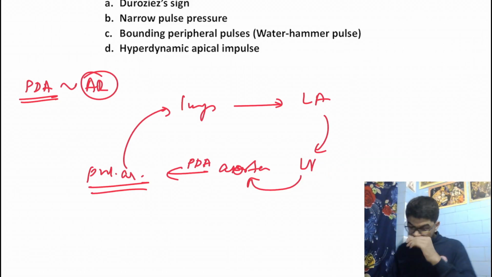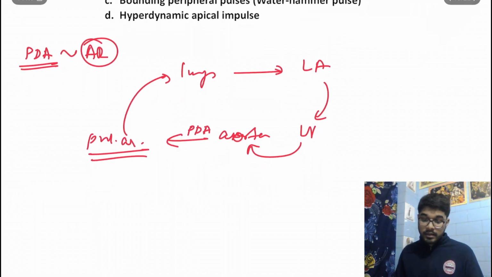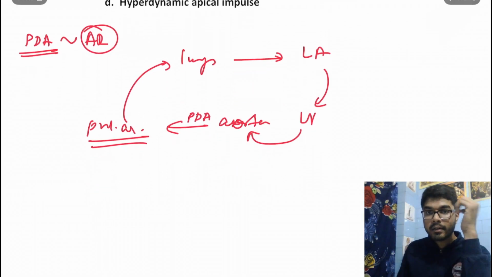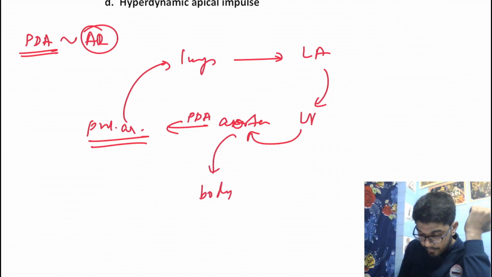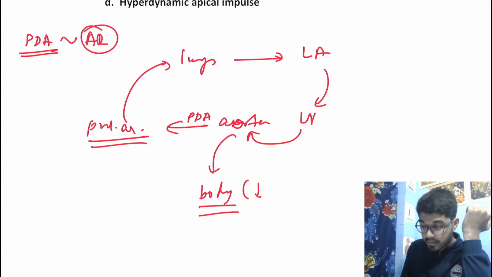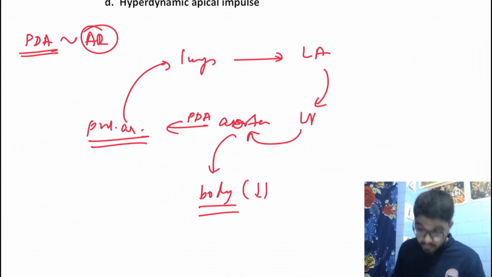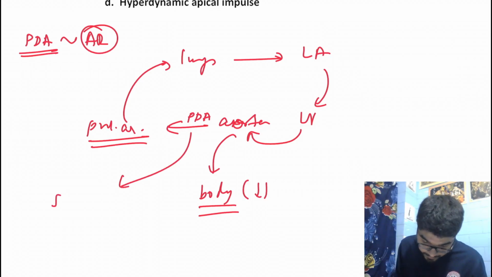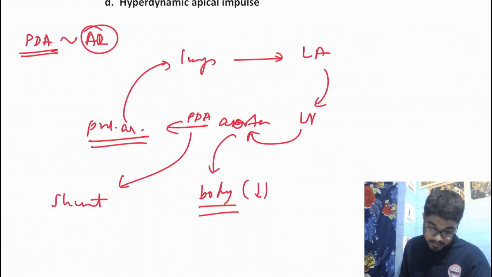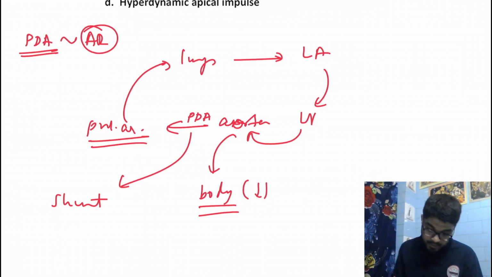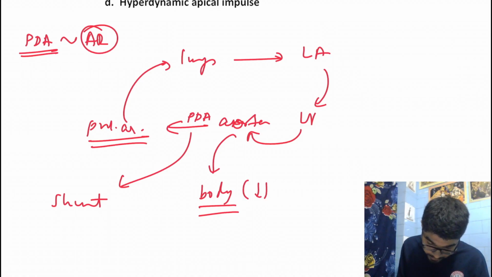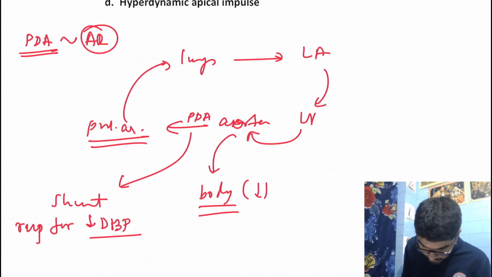So what happens now? There is an increased blood supply to the pulmonary artery, and decreased supply to the body. It also supplies the body, but the supply decreases. As a result, this PDA is responsible for the shunting of blood, and this shunt is more during diastole. That's why the shunt is responsible for a decrease in the diastolic blood pressure.